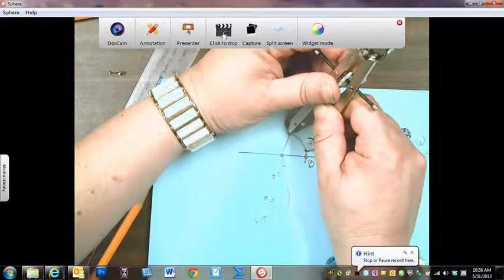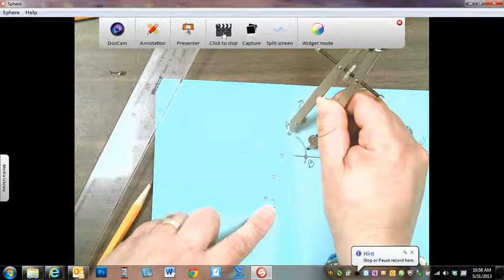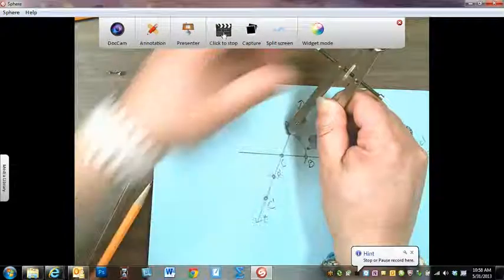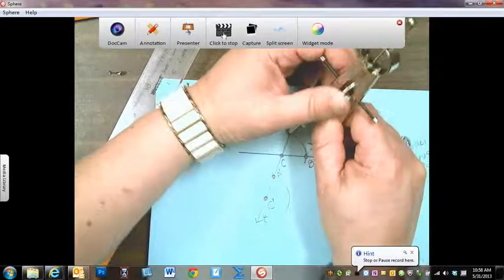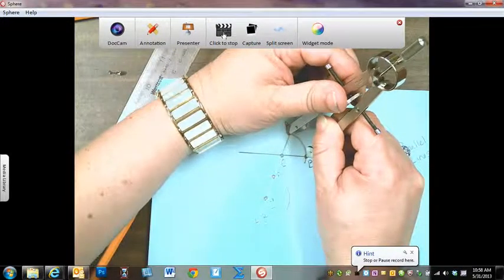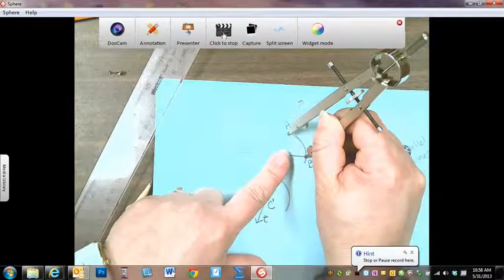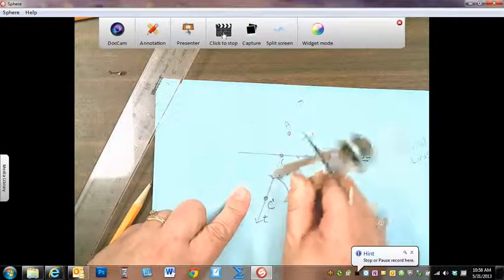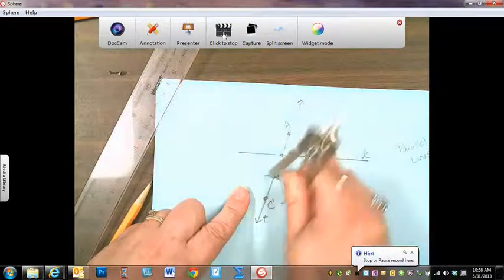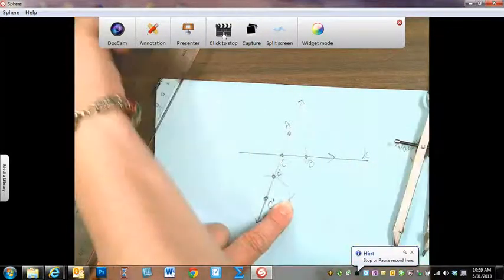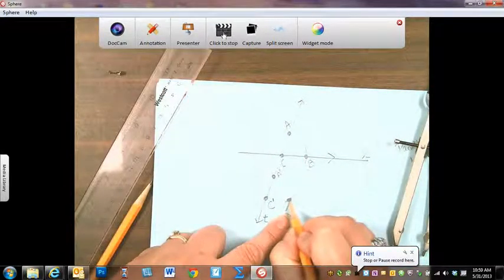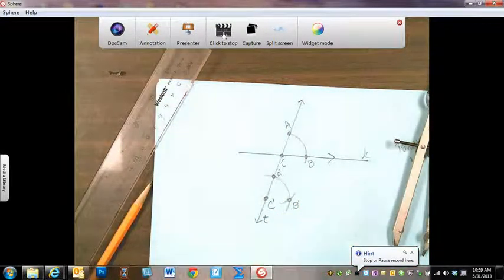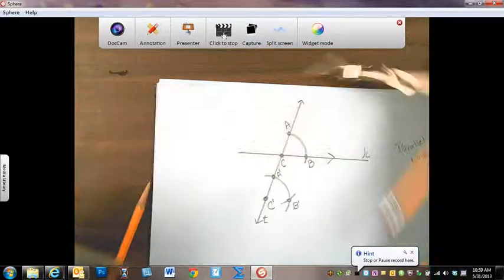Now, when I copy an angle, that's all we're doing down here, we're just copying an angle. I have to calculate how far apart are these two points. So we want to come down here and I'm going to measure. So I know wherever that crosses, this is going to be point B. And now, look, this is happy news.